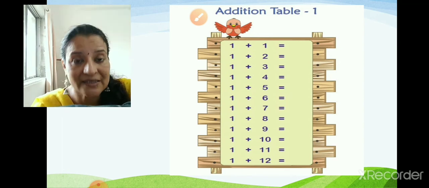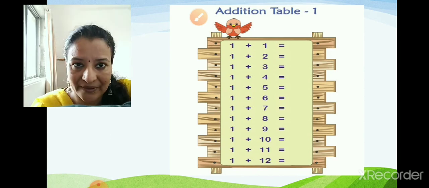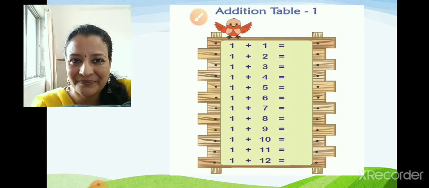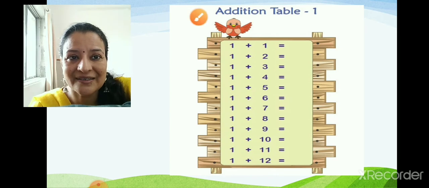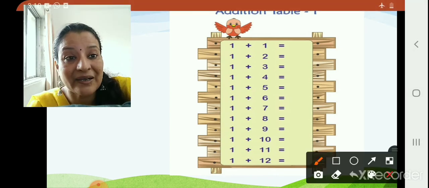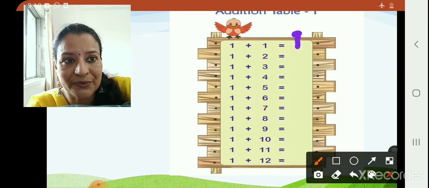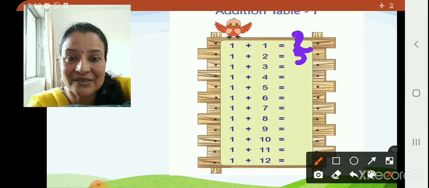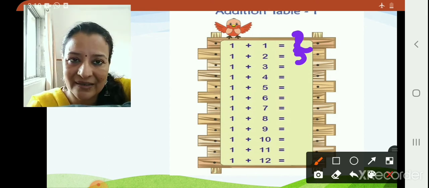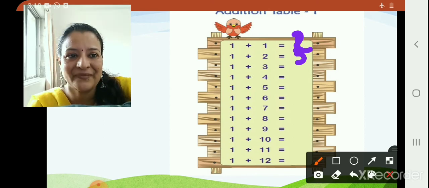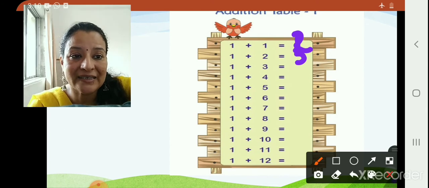So, like this, you can learn this table. Okay? You want to write the answers? You can write here. You can write this down? Yes? Okay.